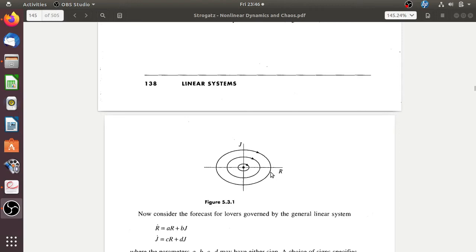When J goes negative, since she starts hating him, Romeo's love towards her starts decreasing, so it goes in this manner, and keeps decreasing until Juliet hates him the most.